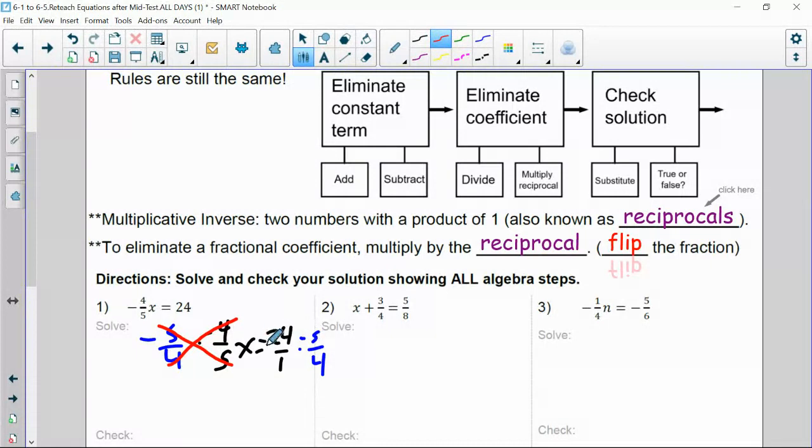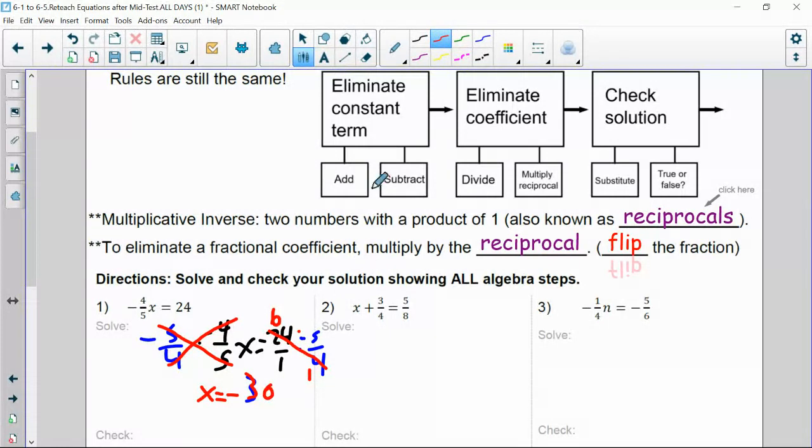And because I have different signs, I already know my answer is going to be a negative number. So that I don't forget my negative, I'm going to go ahead and put that in there. Right, so 4 goes into 4 one time, and 4 goes into 24 6 times. So that's where we would say 6 times my negative 5 is negative 30.